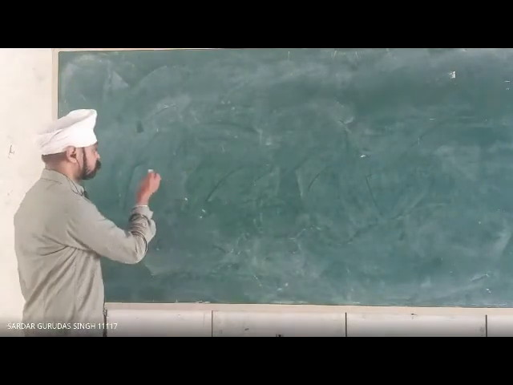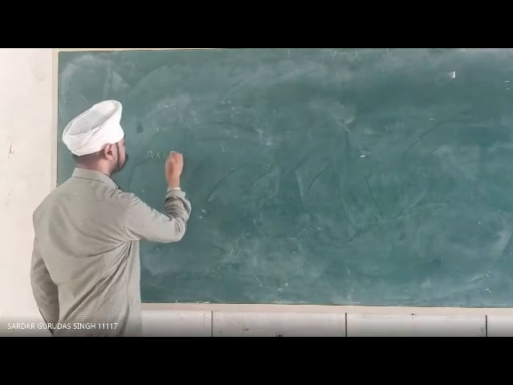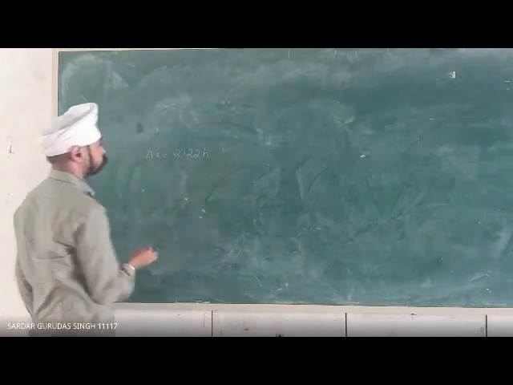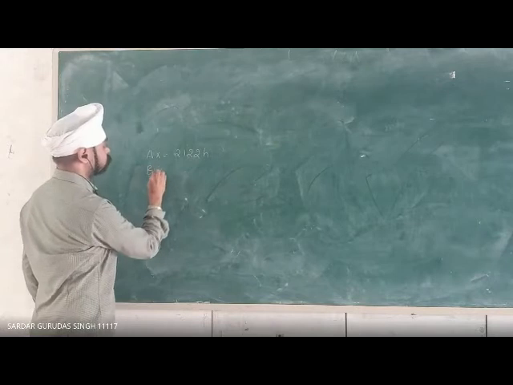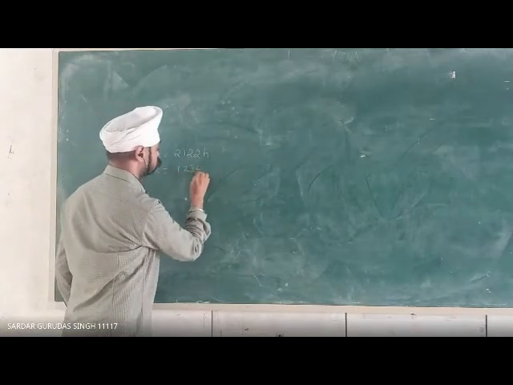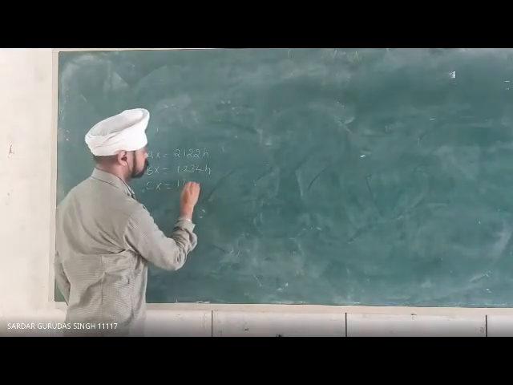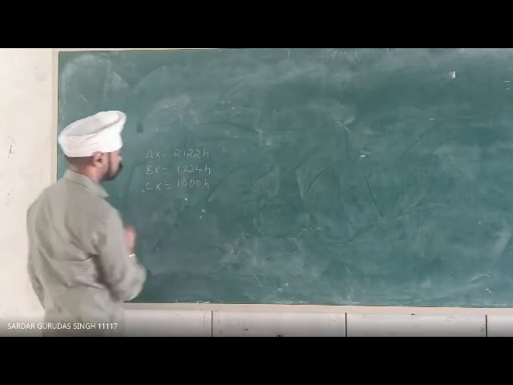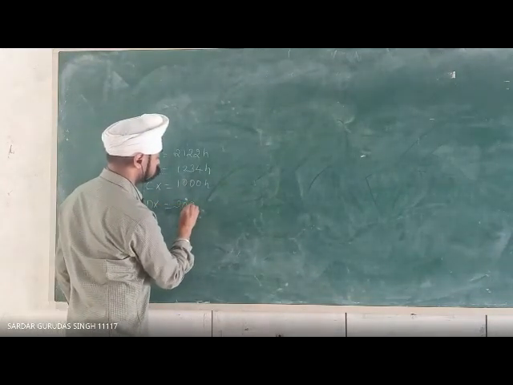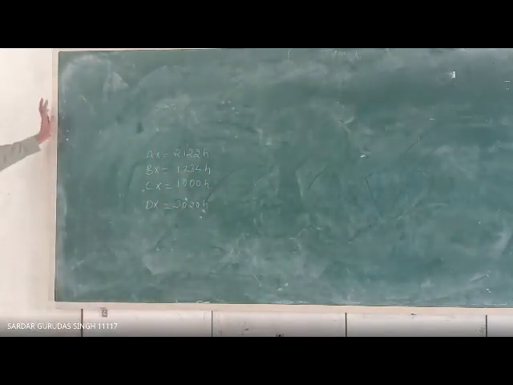Okay. Suppose let us practice a few things. Suppose AX contains 2122H, BX contains 1234H, CX contains 1000H, and DX contains 2020H.